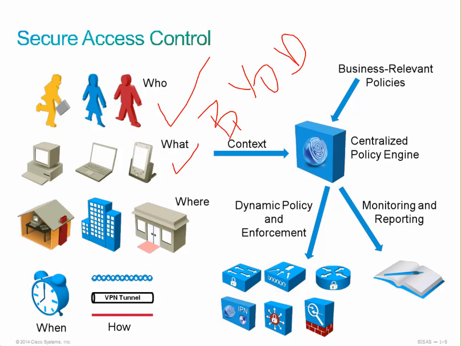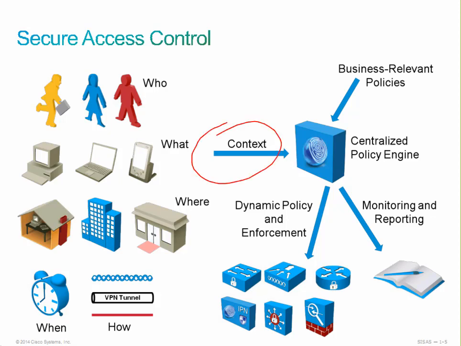We want to make sure we know what you're connecting with. Also, where you're accessing the network from. Are you using a small office or home office? Are you a corporate partner connected via an extranet? And then also, how are you connecting? When are you connecting? And so on. These are all concerns that we have with overall security. So all of this relates to something called the context of your communication.